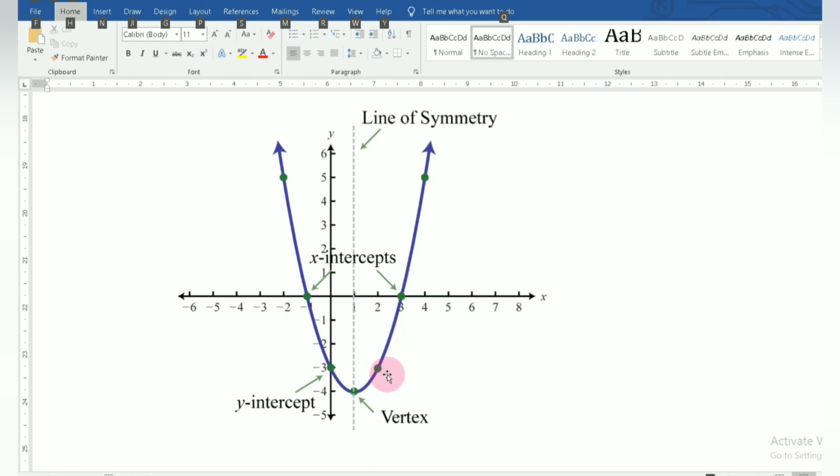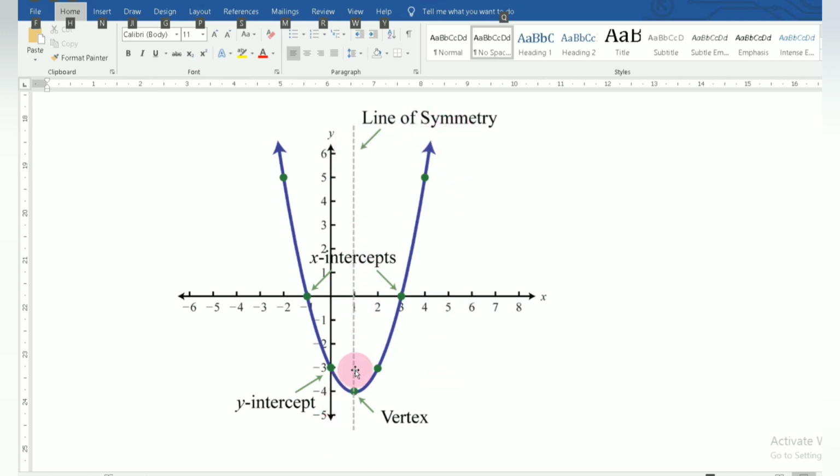And this one, you can see that it has no name. This is the symmetric point of the y-intercept. If you draw a vertical line on the vertex, it will be like a mirror. The left part will be the shadow of the right part, or vice versa.